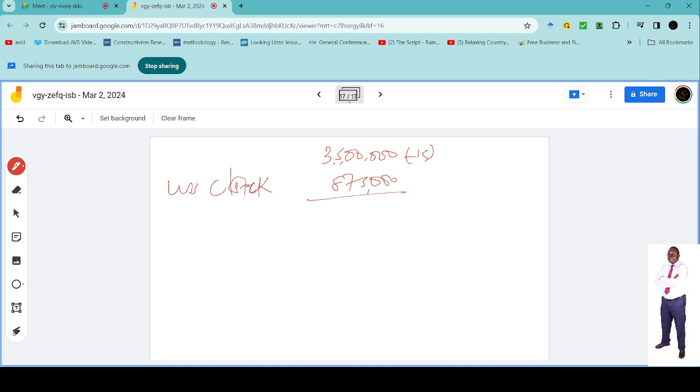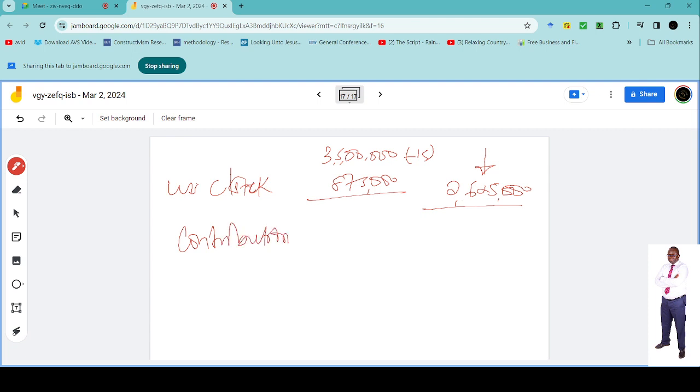So when you subtract 875,000 there, that is 3.5 million minus 875,000, we get 2,625,000. This one we are subtracting from our sales so that we can get our contribution.